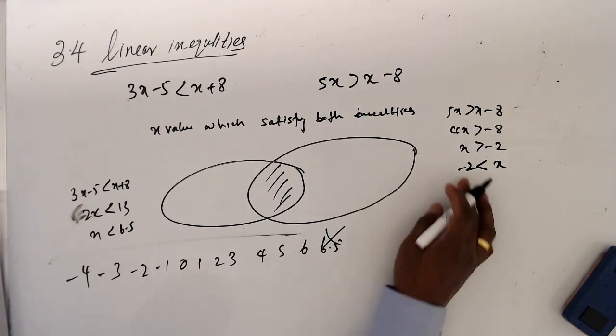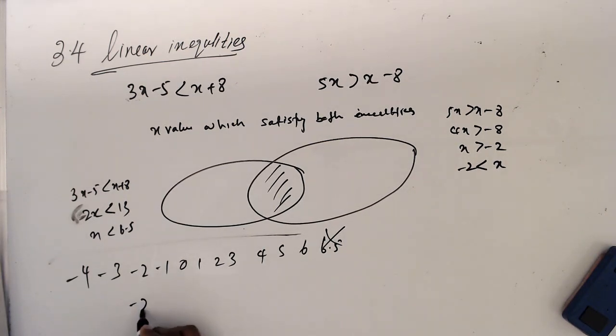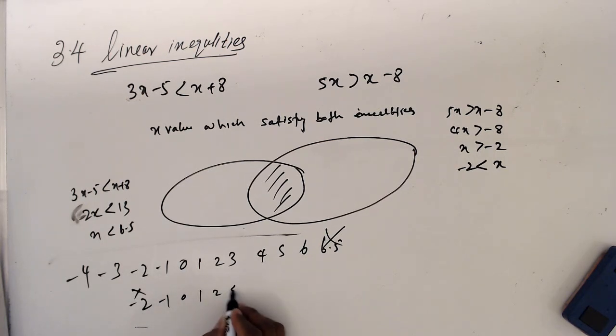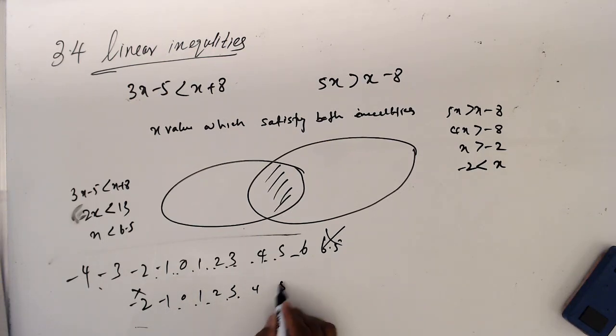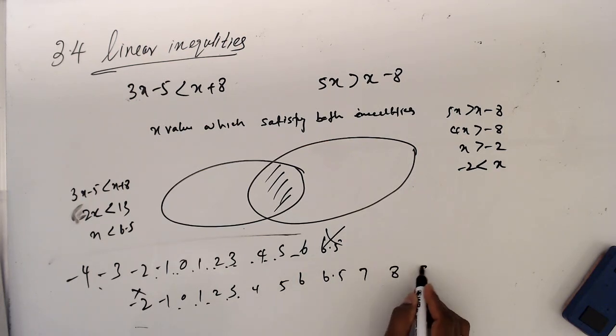For the second, any value greater than minus 2. You can't take minus 2 itself, but minus 1, 0, 1, 2, 3, and so on, 4, 5, 6, 6.5, 7, 8, 9.